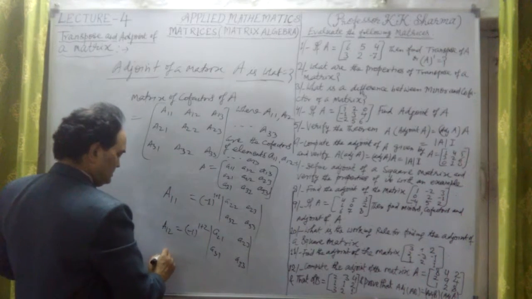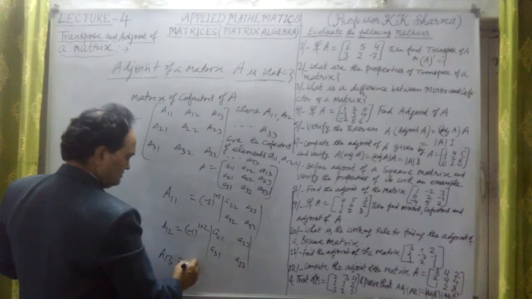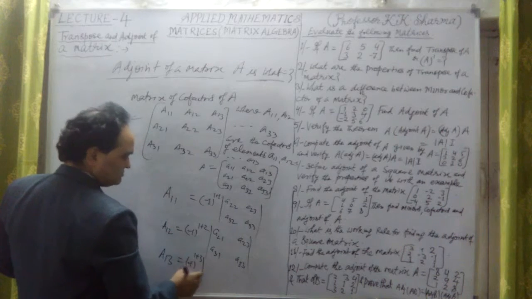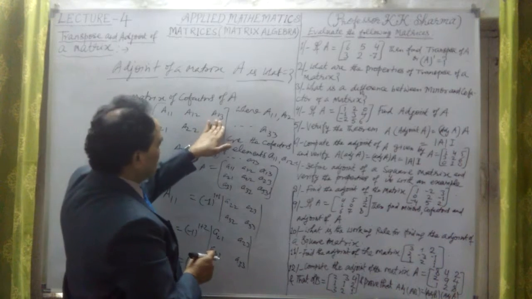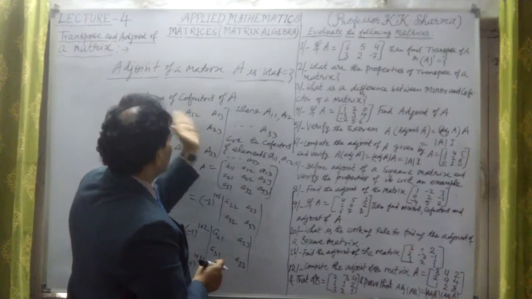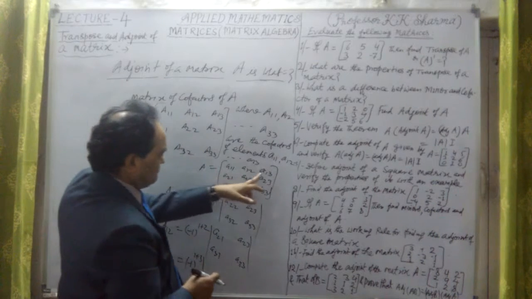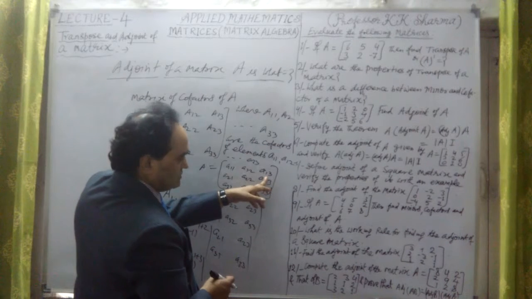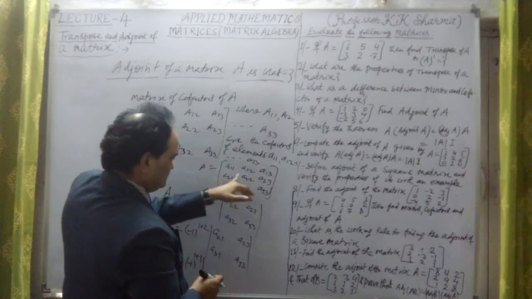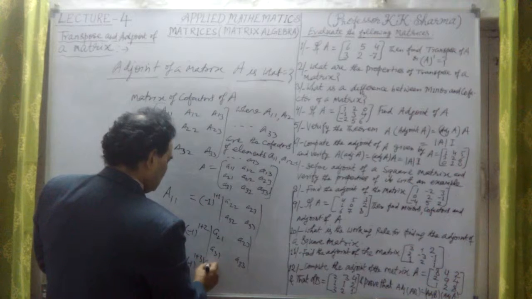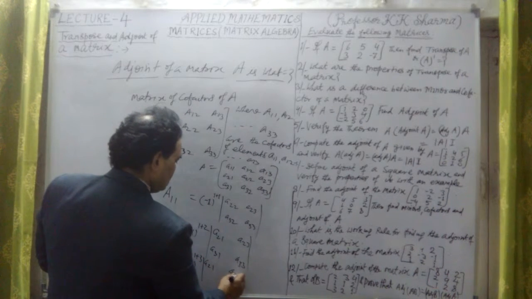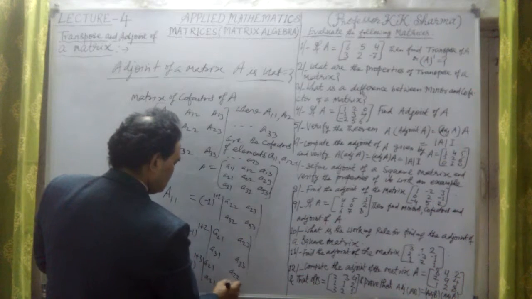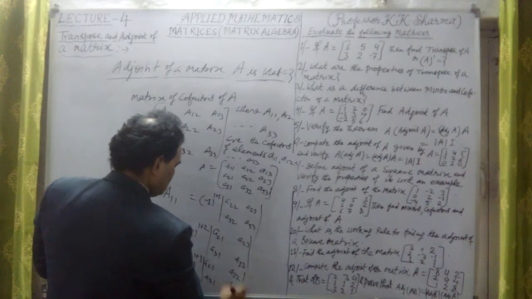Similarly for A13, minus 1 raised to 1 plus 3 is positive, with the determinant of A21, A22, A31, A32.